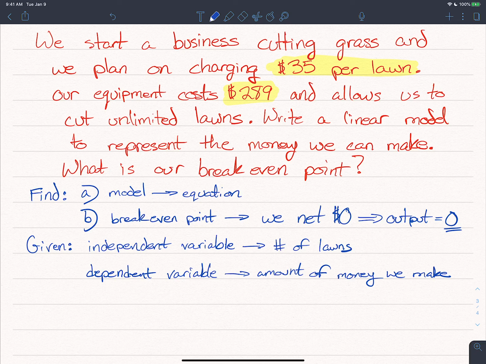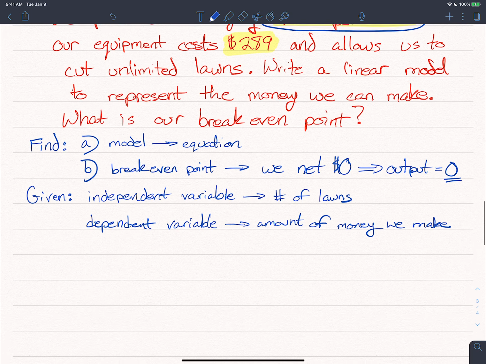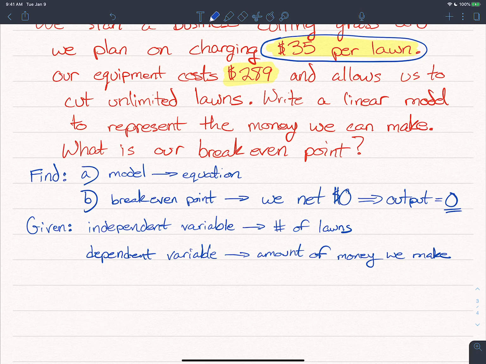Now the slope is going to give us the relationship between the independent and the dependent variables, right? So if we look here, we can see that this $35 per lawn gives us the relationship. That's telling us how much money we make for every lawn that we cut. So if we know we cut such and such many lawns, it's clear we're going to need that number to figure out how much money we make. Almost as if this was a unit conversion. So the 35 per lawn relates the number of lawns that we cut with the amount of money we make.